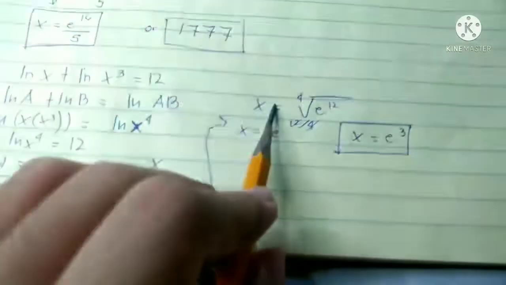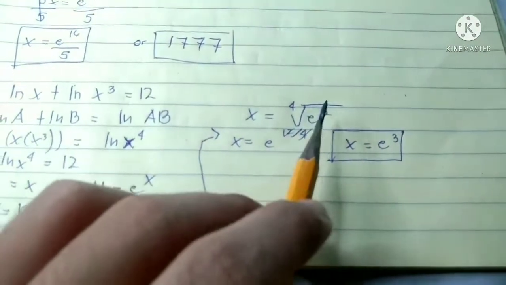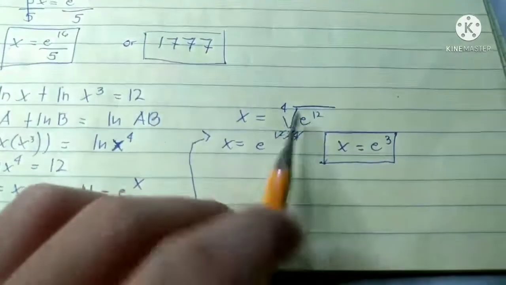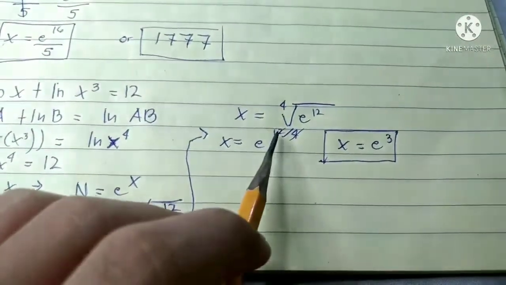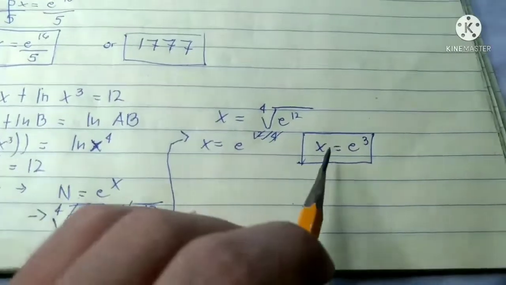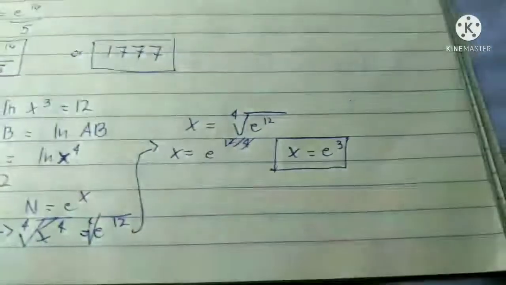Then we will get x is equal to the 4th root of e raised to 12. So if we write this in radical form, we will get x is equal to e raised to 12 over 4. And our answer is x is equal to e raised to 3.